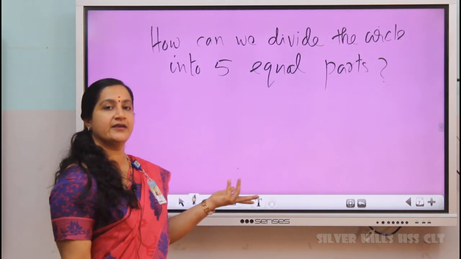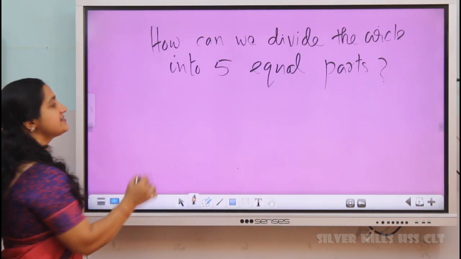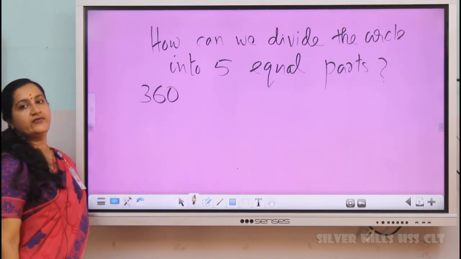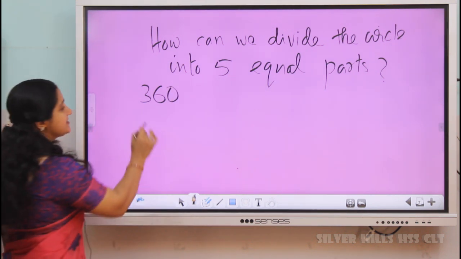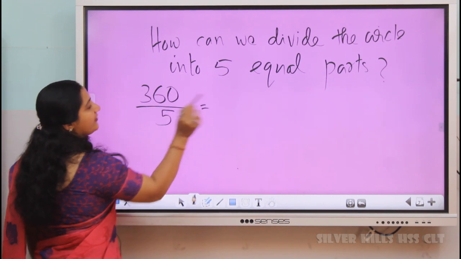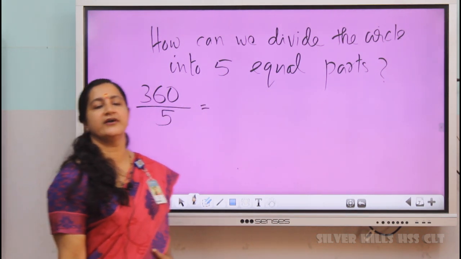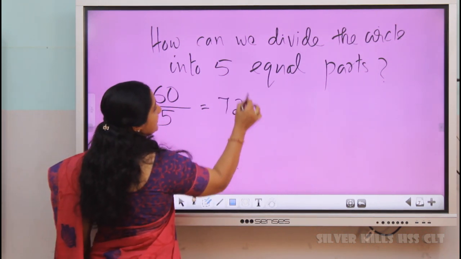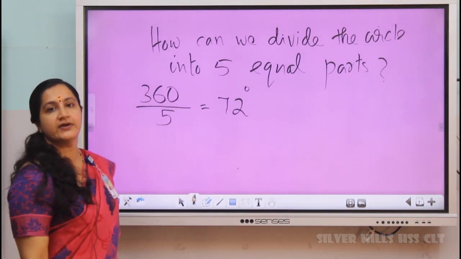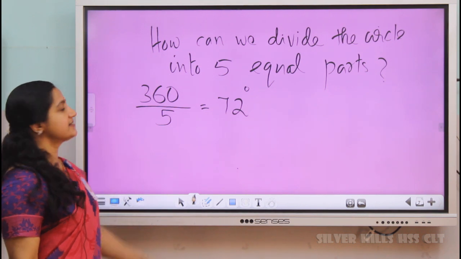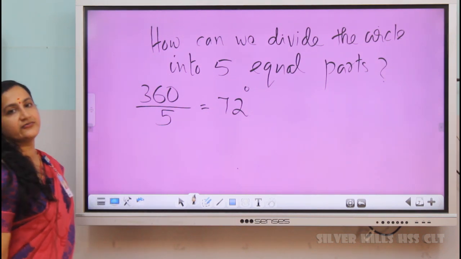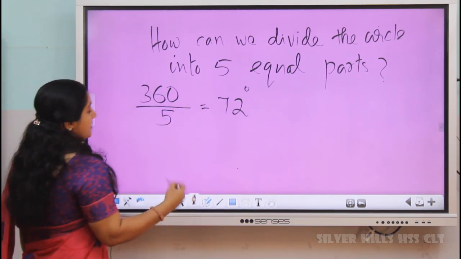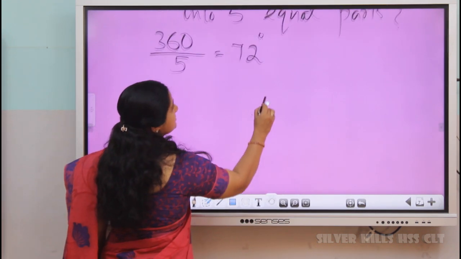How can we find it? The circle total is 360. We have to divide it into 5 equal parts. That means 360 divided by 5. How much is 360 divided by 5? Yes, it is 72 degrees. What is the unit of angle? It is degree. So, 360 divided by 5 equals 72 degrees. Clear? Now, we can move on to construction.